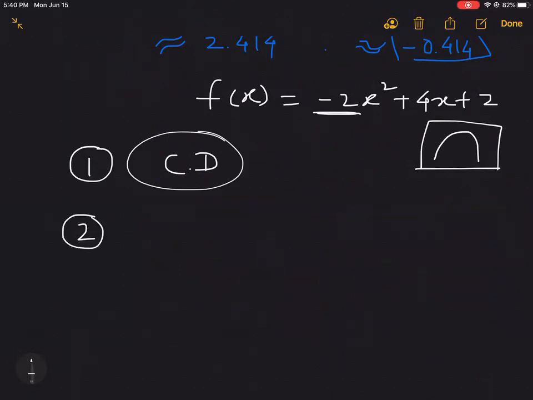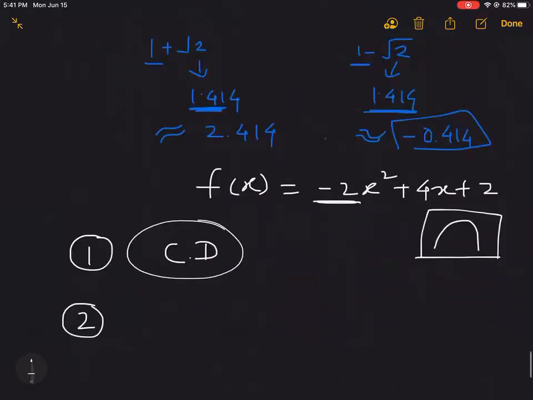Now, what's the vertex of this? If we just calculate h and k, we can calculate the vertex from it. Our h was negative b over 2a. So on this occasion, it would be negative 4 over 2 times negative 2, as a is negative 2.